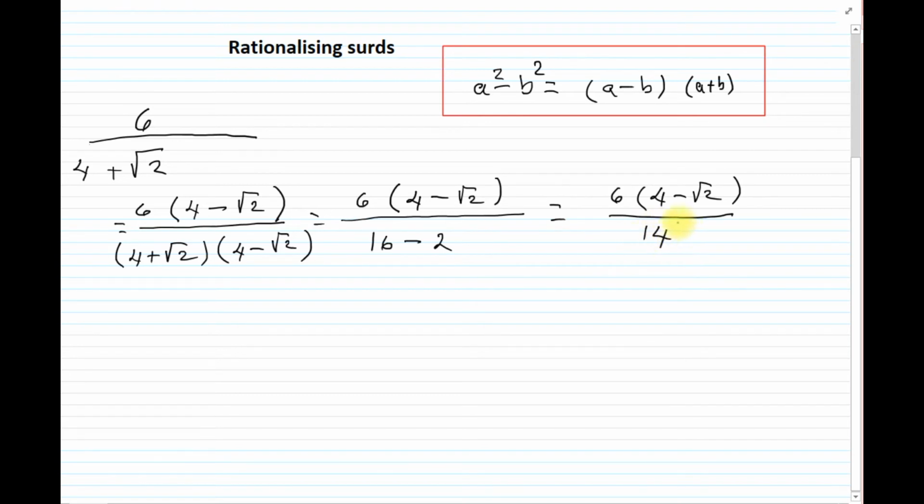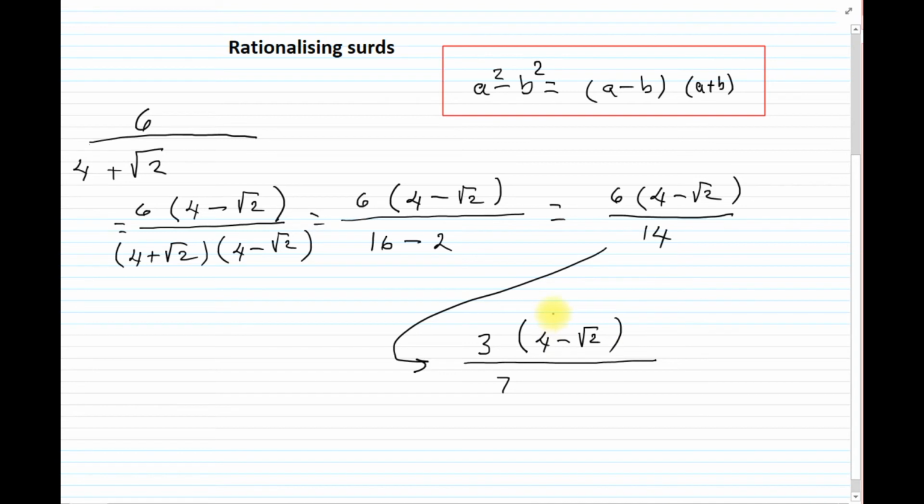Again, here we must watch out. Is there a common factor between 6 and 14? There is, because they're both even numbers. So this can be written as 6 divided by 2 is 3, 14 divided by 2 is 7, and this will be 4 minus square root of 2.